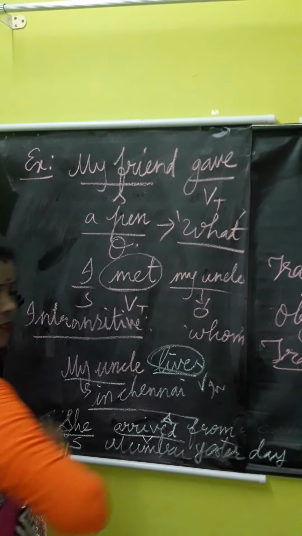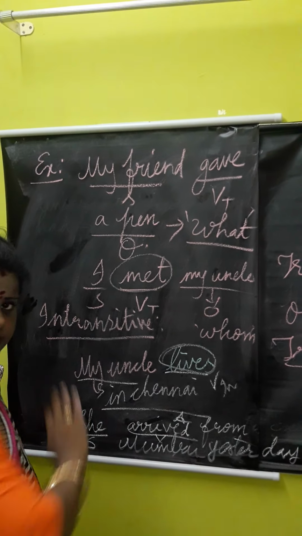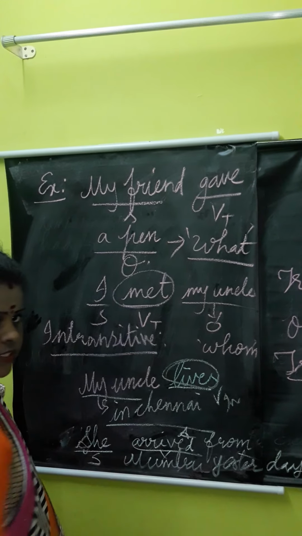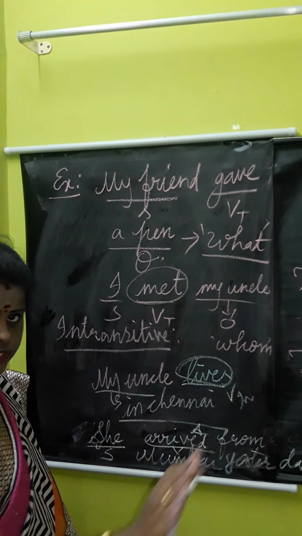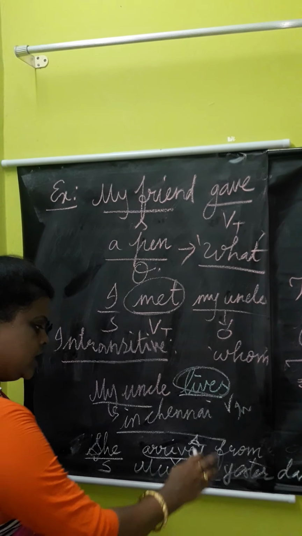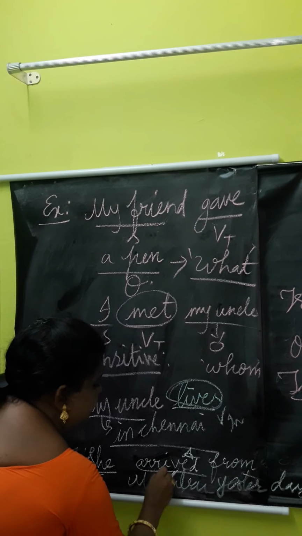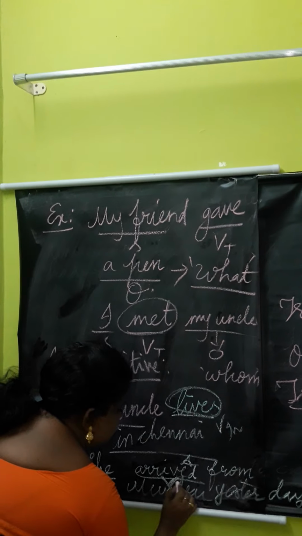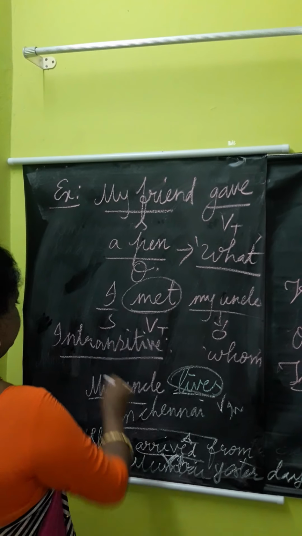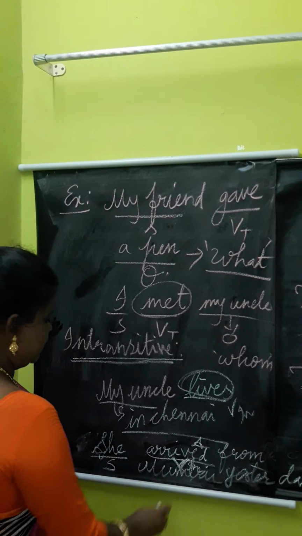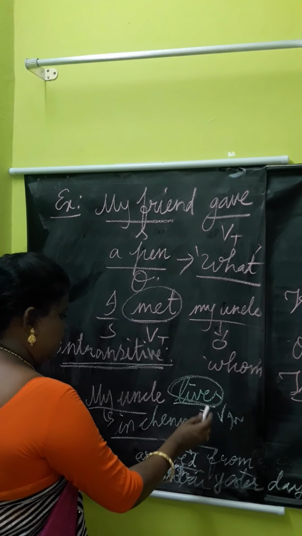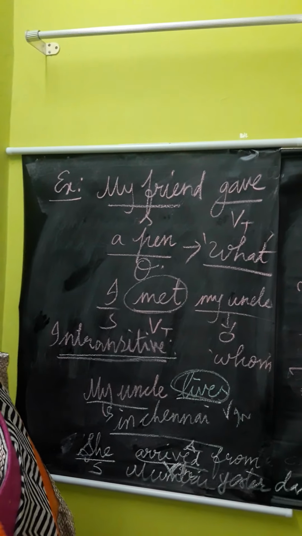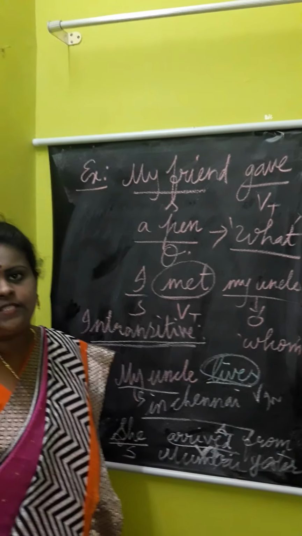From Mumbai yesterday, we know it's a phrase, and grammatically it is an adjunct, but this is not an object, definitely. So this verb arrived is noted as an intransitive verb. So in this sentence also, lives and arrived are not followed by an object, that is called an intransitive verb.